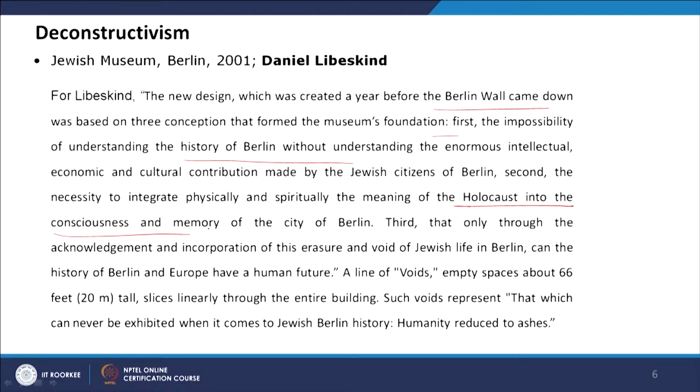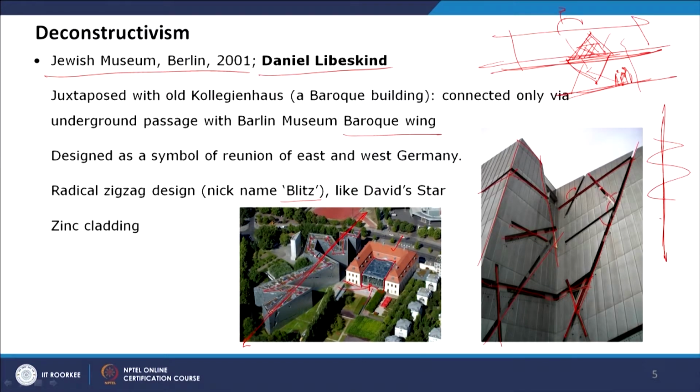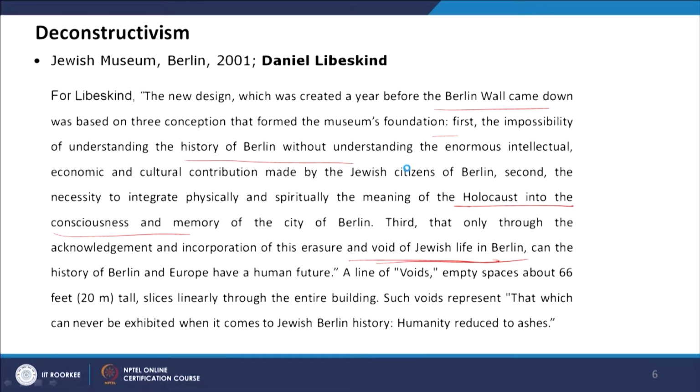Another thing is the acknowledgement and incorporation of the void in the Jews' life in Berlin. So that central void is also kind of a wall; from outside it is a void, and from inside it is a skylight, which acts as a void in the building.